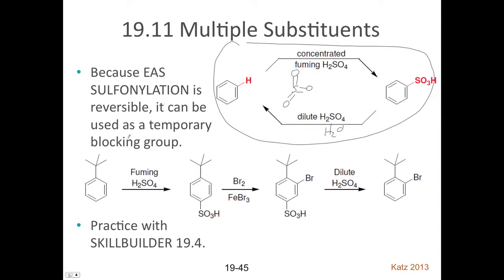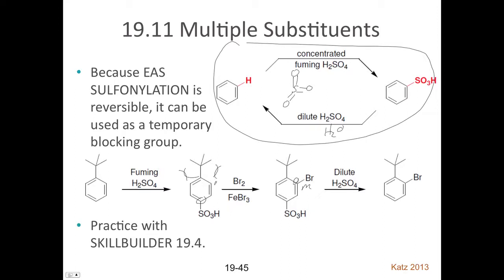Okay. You can take this guy here, use fuming sulfuric acid to do your sulfonylation. It'll go selectively to para, right? Because ortho here is so crazy sterically hindered, it won't go there. Then you do your bromination. Then this guy here will direct meta. This is meta to this sulfonate group here, and ortho to that alkyl group.